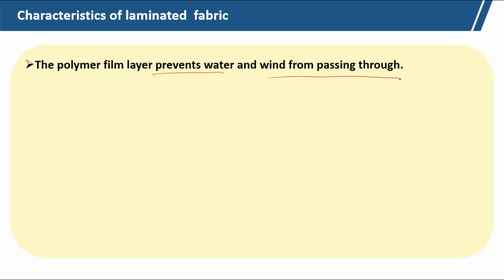This makes the fabric waterproof and breathable. But if we do not need any wind or air to pass, or maybe we do not need a breathable fabric, in that case we can use the solid film.